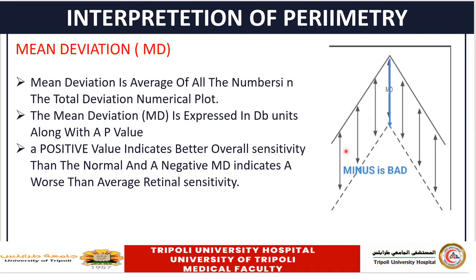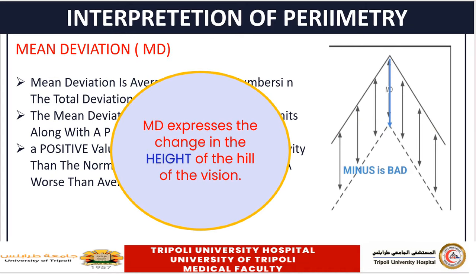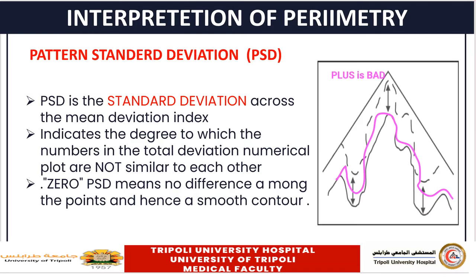So this is the normative data, and this is the height of the hill of vision. Now, if you have a minus value of the mean deviation, it indicates your patient has generalized depression of the sensitivity, and if you have a positive value, it is towards the normal. So the mean deviation expresses the changes in the height of the hill of vision.